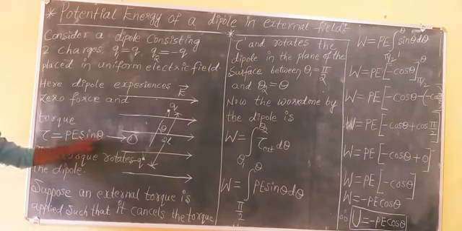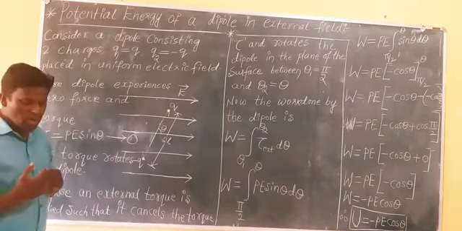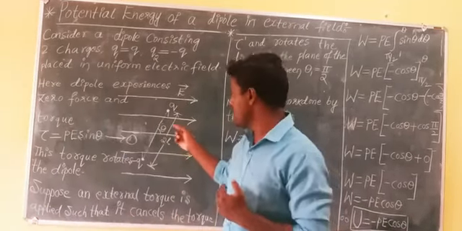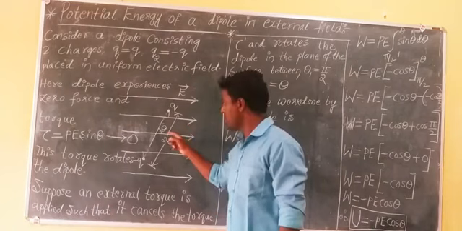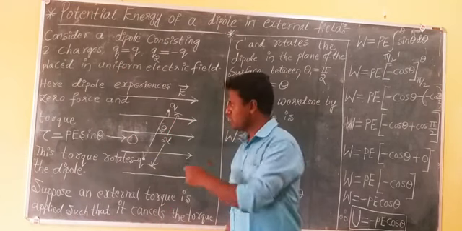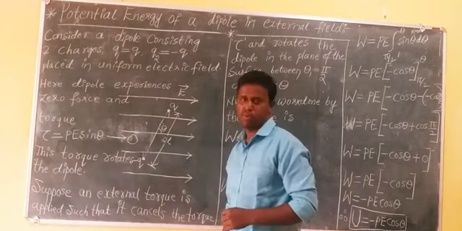I am taking this as equation number 1, where P is the electric dipole moment, E is the electric field, and theta is the angle through which the dipole rotates. The torque rotates the dipole in the given electric field, through an angle theta.